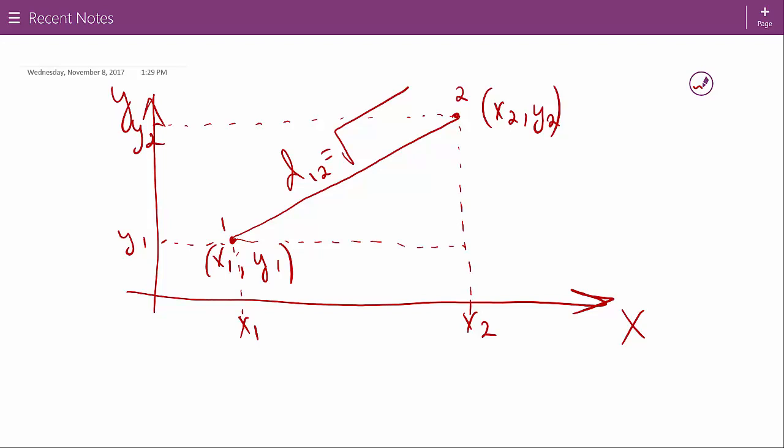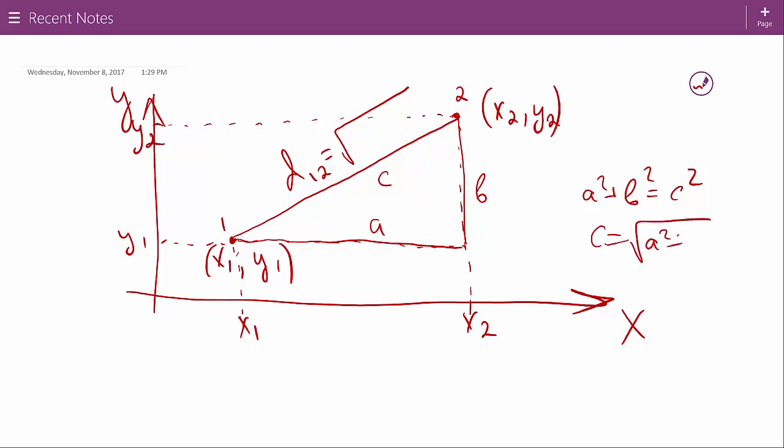So in the Pythagorean theorem, if I take the square of this side, side A, and the square of this side, side B, then it's going to be the third side squared. So if I call this C, A squared plus B squared equals C squared. Therefore C, which is the distance from 1 to 2, is the square root of A squared plus B squared.